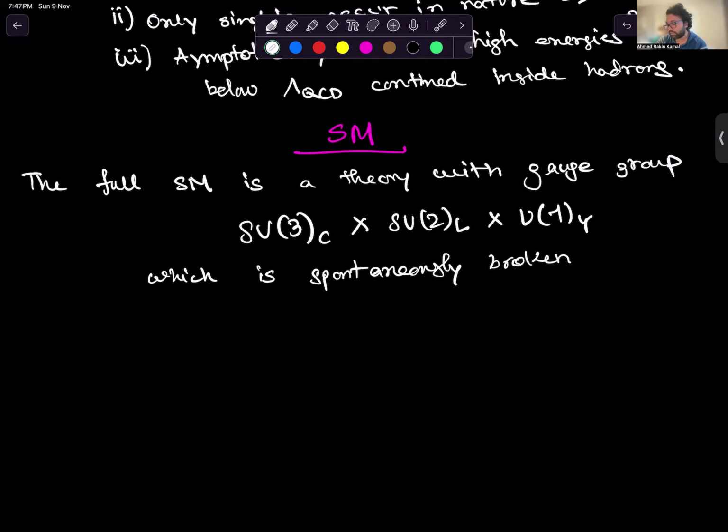We saw this Glashow-Salam-Weinberg theory and how the spontaneous symmetry breaking works in action, which is broken to this combination.